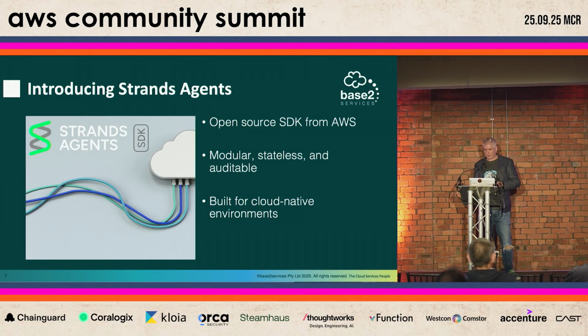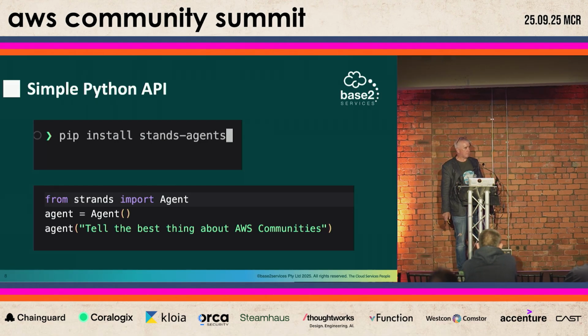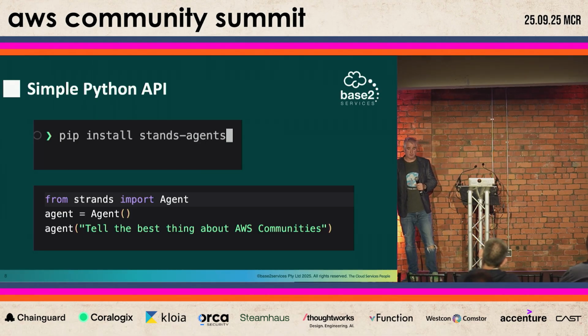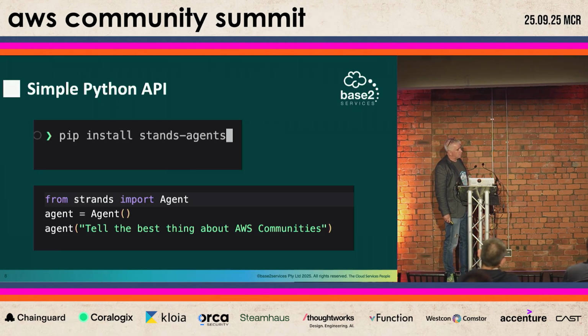But let's look quickly at what it takes to build an agent using Strands, and that's literally it. That is an agent. It doesn't do very much. It doesn't have any memory or state, but that's as much code as it takes. What's happening here is I'm creating the default agent, and there are defaults built into Strands, for example the model it's going to use.